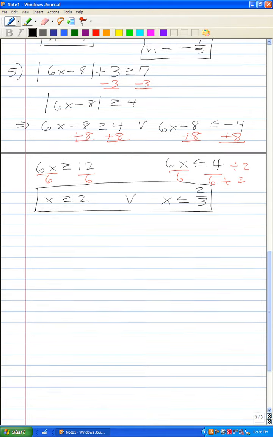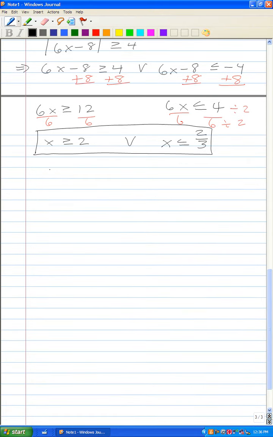And so let me draw this. So I have here 2 and 2/3. And so I have everything greater than or equal to 2, less than or equal to 2/3.